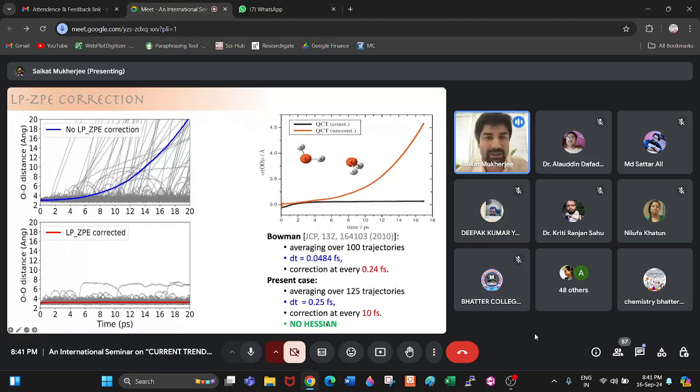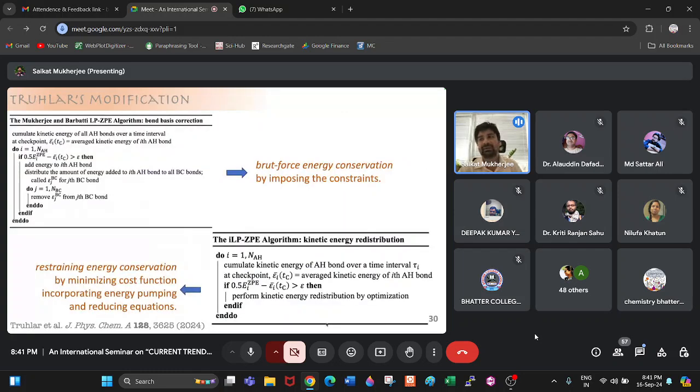So I published this method in 2022, and in 2024, Truhlar picked up this method. I'm talking about Don Truhlar from the University of Minnesota. Don Truhlar picked up this method and improved our method by putting in kinetic energy redistribution. These two snapshots are from Truhlar's paper. Here the above one is ours.